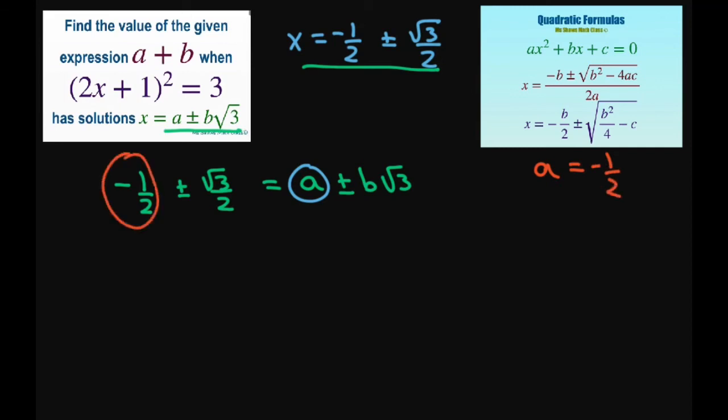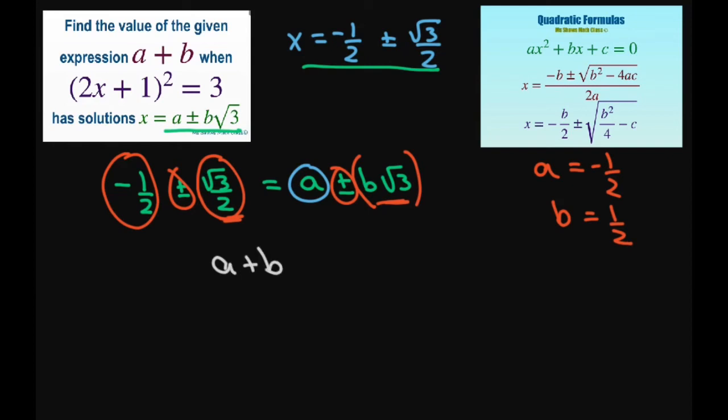These two match up. And my b, you're just looking at this piece because they're already both plus and minus, so b is just going to be 1/2. Now we're going to do a plus b, and that's going to be negative 1/2 plus 1/2, and that equals 0. And that is your value.